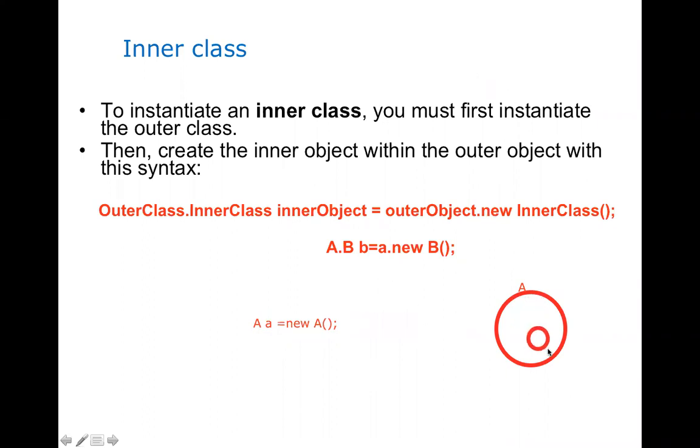The object is B, which is referred to by small b. Now we have two references: B is referred to by small b, and the outer object is referred to by small a. So this is how the objects get created. In the outer object, the inner object is created, and this is the syntax.